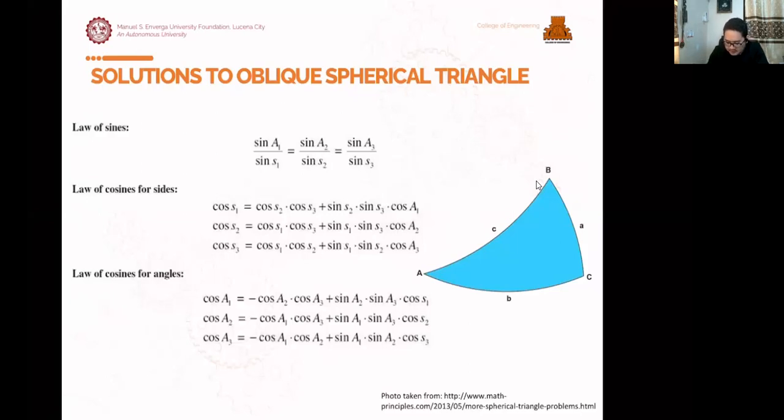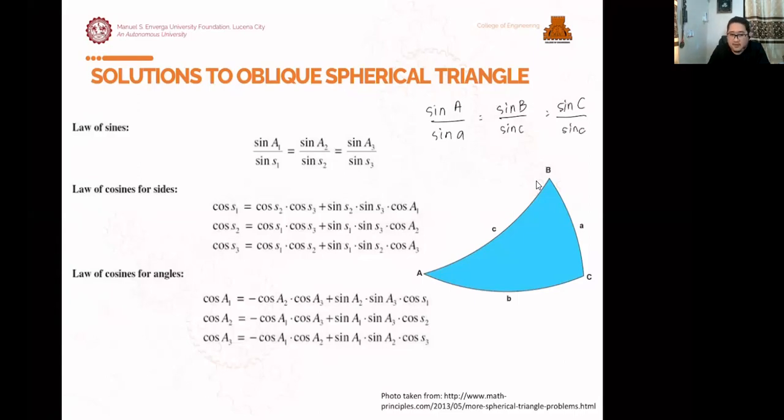Halimbawa, doon sa law of sines, we have sin A over sin small a, ibig sabihin nun, yung sin nung angle A natin over sin ng small a natin. Equals daw yan sa sin B over sin small b, and sin C over sin small c.